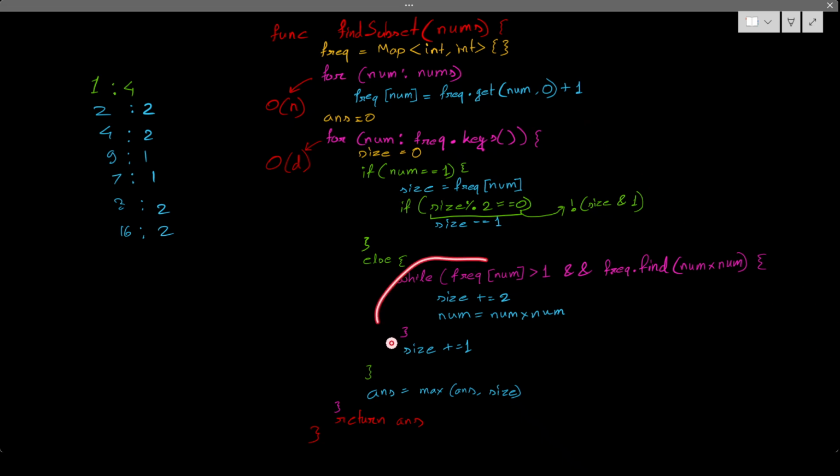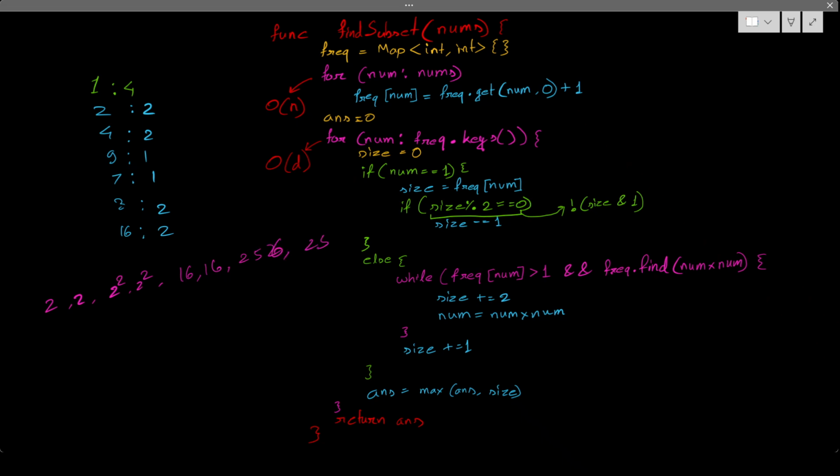So how many times may it run? Let's say my pattern is like this: 2 is present twice, then 2 squared, 4, is present twice, then 4 squared, 16, present twice, then 256 present twice.